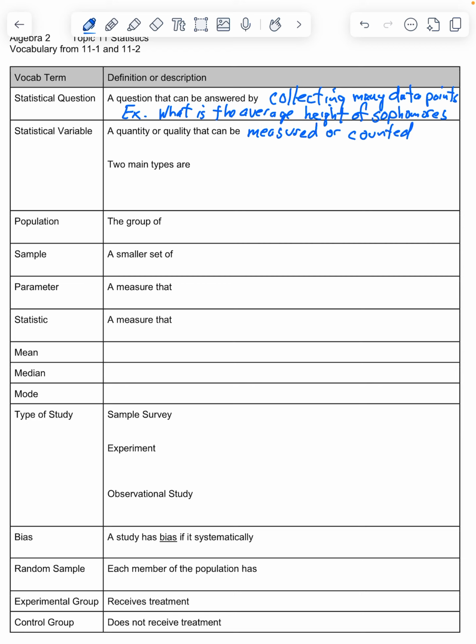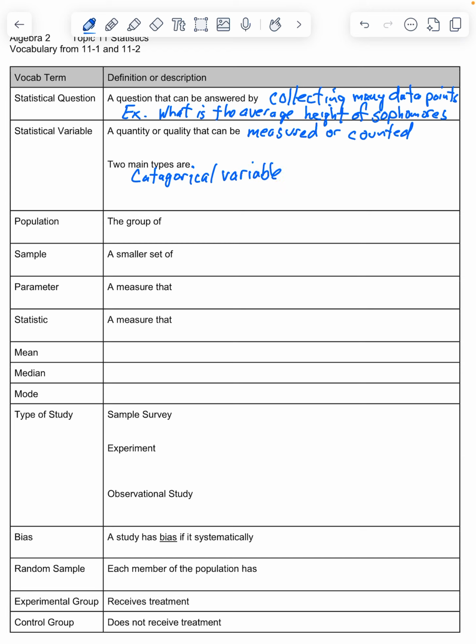So there are two main types of statistical variables: a categorical variable.